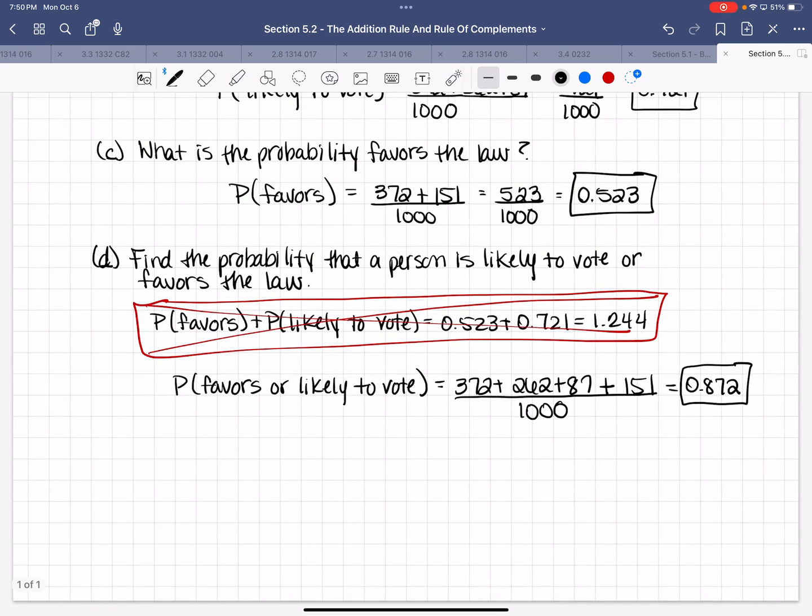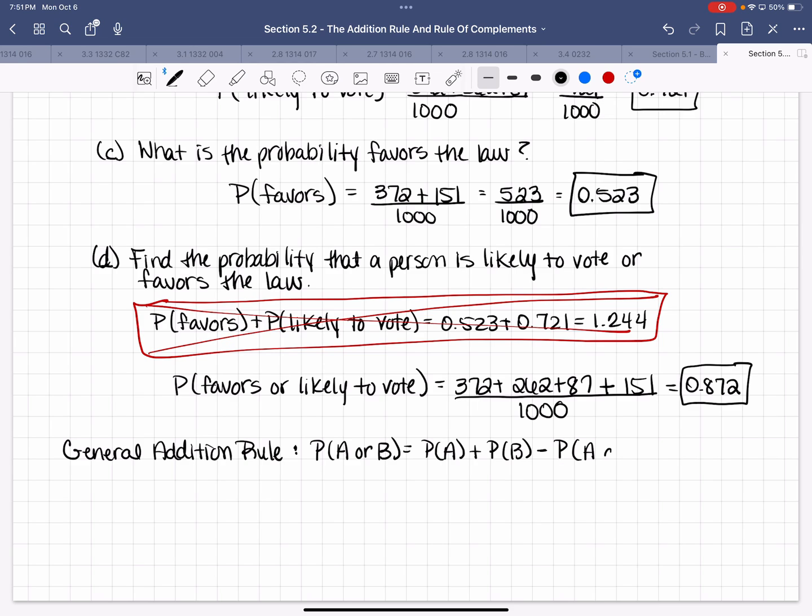So, here's the deal. What you've proved right here is the general addition rule. The general addition rule states that the probability of A or B equals the probability of A plus the probability of B minus the probability of A and B. That's subtracting that second 372 off over there.